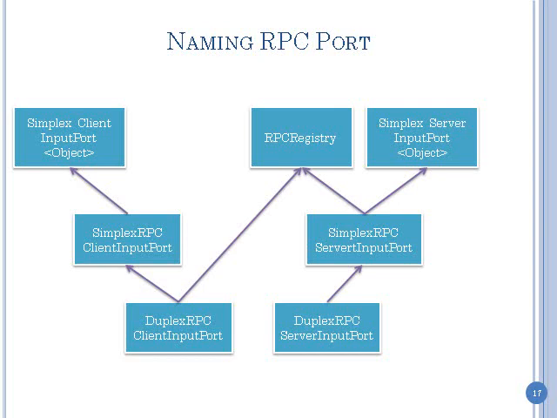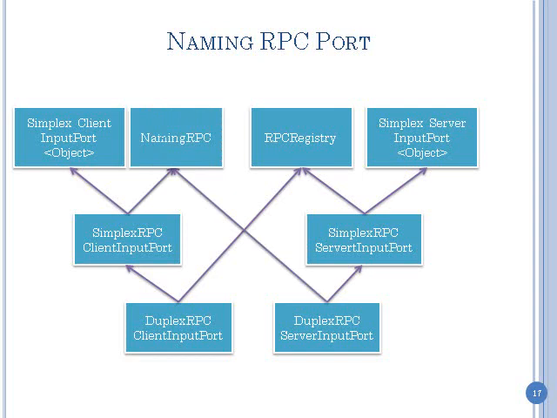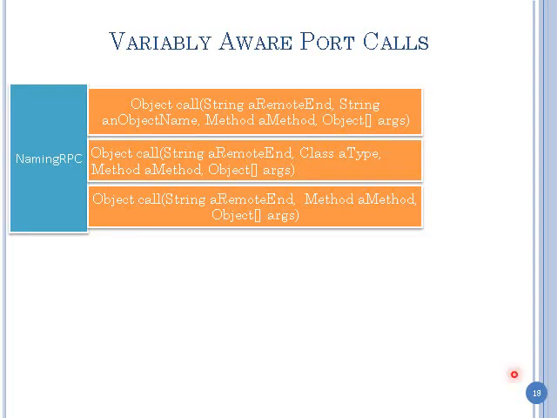If you're a server port, you had an RPC registry connected to your port, and you could register calls, methods, objects there. Now we're going to have another interface called naming RPC. That's your aware calls. Whoever's going to make method invocations has to worry about naming. We'll use naming RPC as the interface, and that interface is right here. We've already seen what it is: a remote end, class, method, object, args.